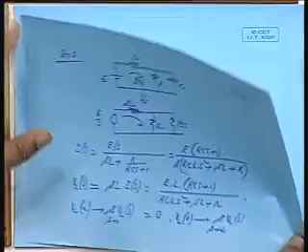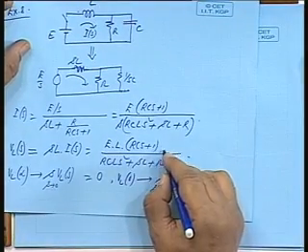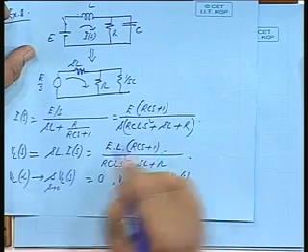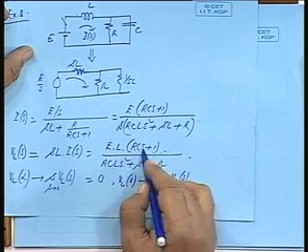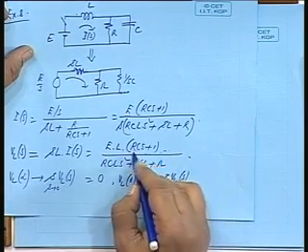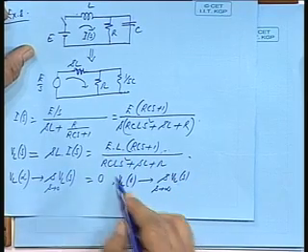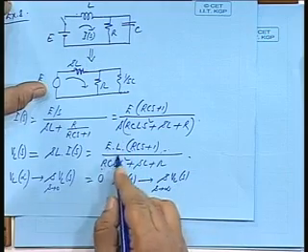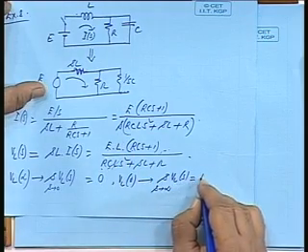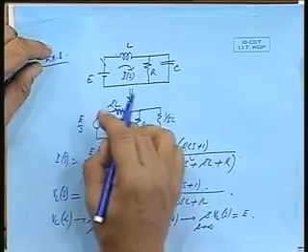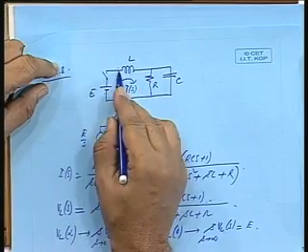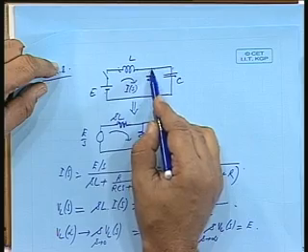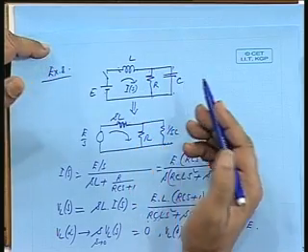And how much is that? If I multiply this by S and then make S tending to infinity, the highest power of S will have to be taken. So, it will be S squared into R L C E, and here it is R L C S squared. So, these terms will get cancelled, you will be getting only E. Basically, at start the entire voltage appears across the inductor. Obviously, what will be the voltage across this combination? Mind you, voltage across the resistance and voltage across the capacitance will be same.